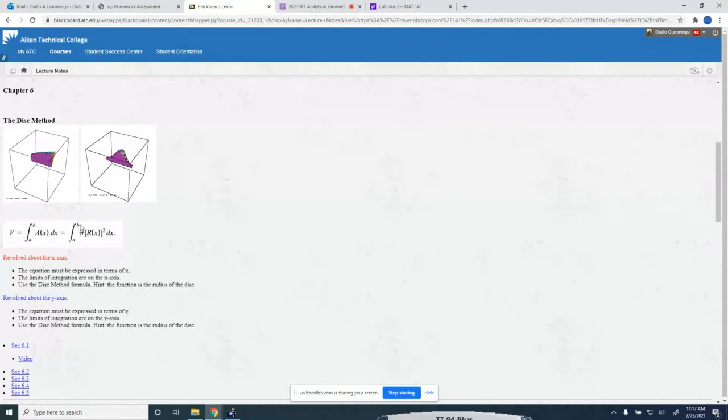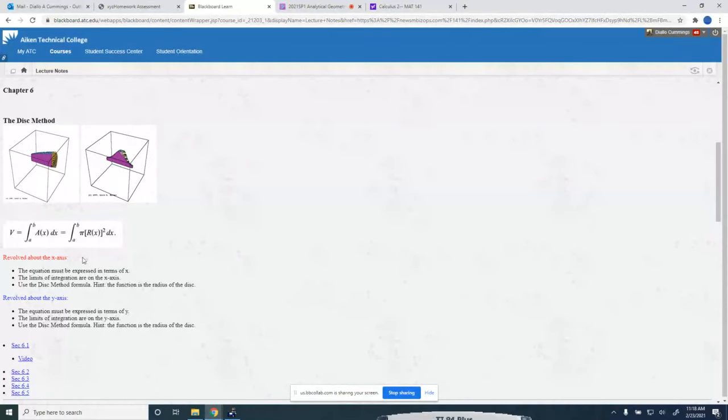So the volume is equal to the integral from a to b of pi times the radius squared dx, where the radius is your function. So if we're using the disk method, we would simply stick our function in as a radius, square it, multiply by pi, and then integrate from a to b.